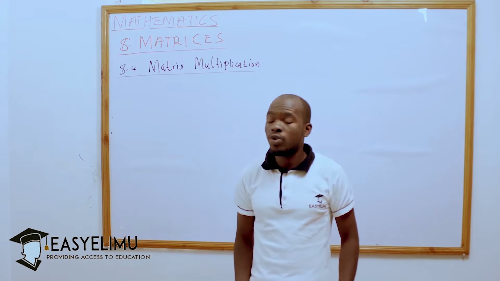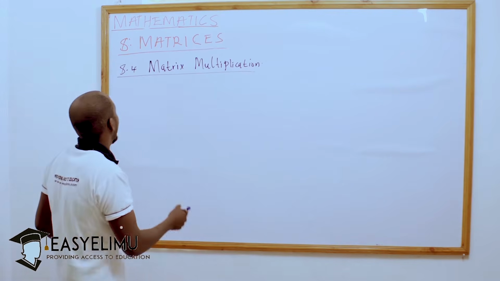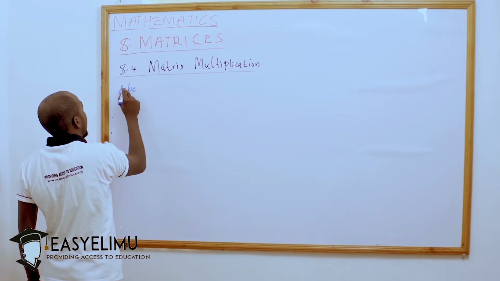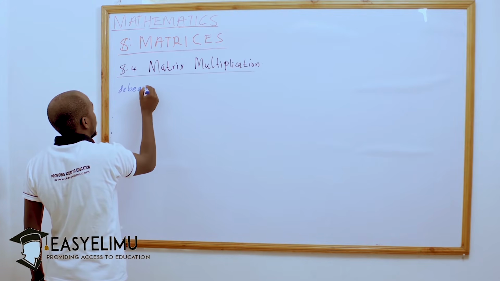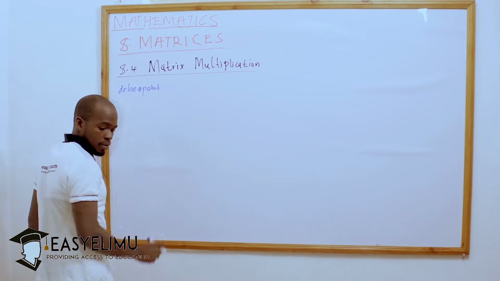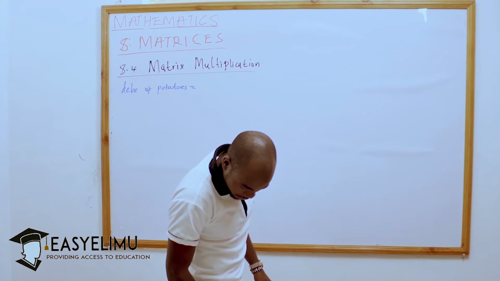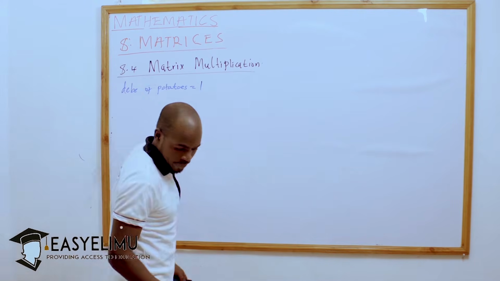So what we are going to do here, we are going to see what we have been told. So for a debe of potatoes, we have been told he wanted to buy 1 debe, which is equal to 1.